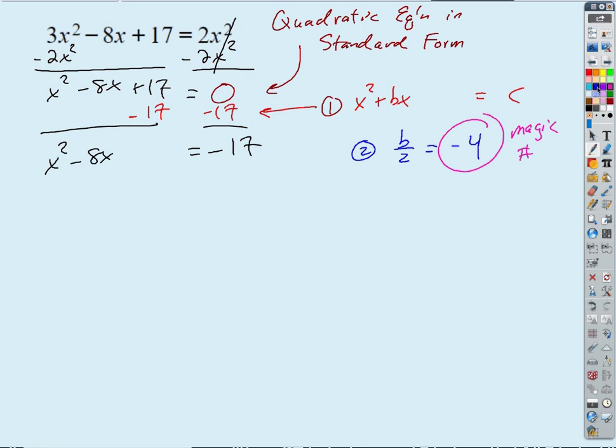So I'm going to add to both sides negative 4 squared. Well, what is that? Again, negative 4 squared is 16. So I'm adding 16 to both sides. Okay, what's that give me then? I'm getting x squared minus 8x plus 16 equals negative 1.